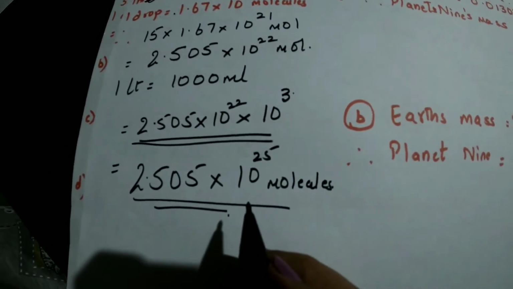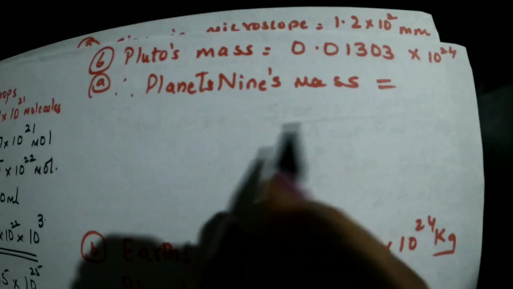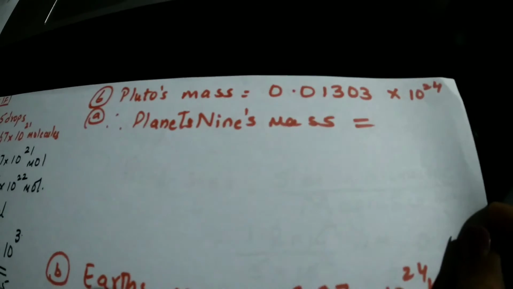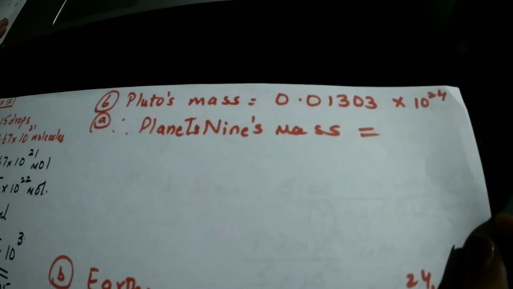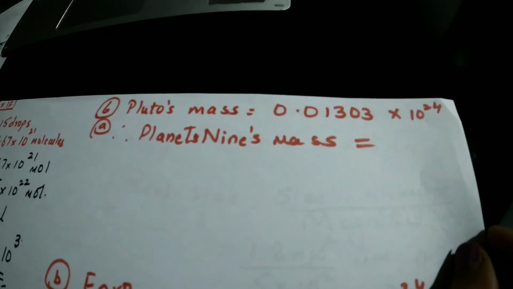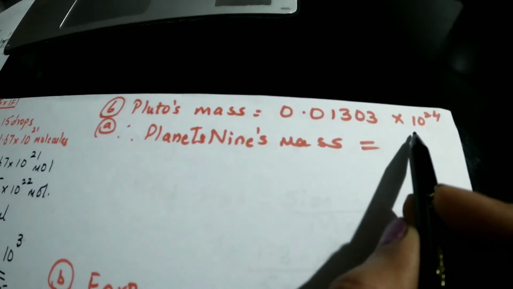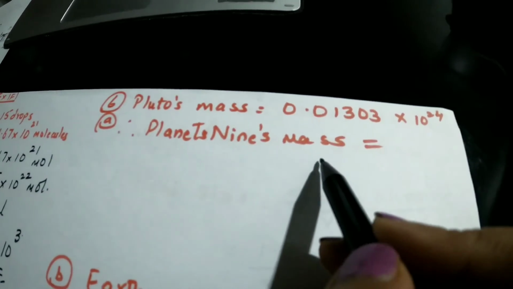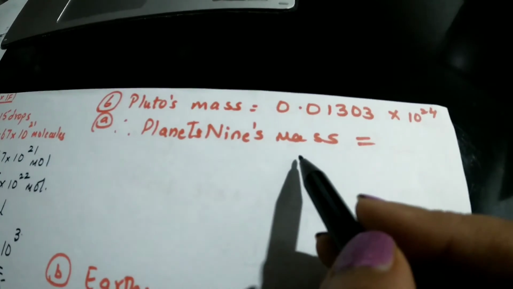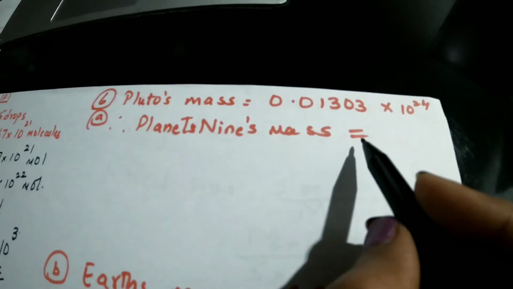Now we move on to the sixth sum here. Scientists announced the discovery of a potential planet 9 in our solar system in 2016. The so-called planet 9 is about 5,000 times the mass of Pluto. Pluto's mass is 0.01303 into 10 raised to 24 kgs. So the question here, A part is planet 9, calculate the mass of planet 9, write down your answer in standard form.